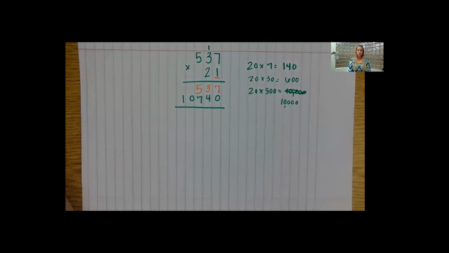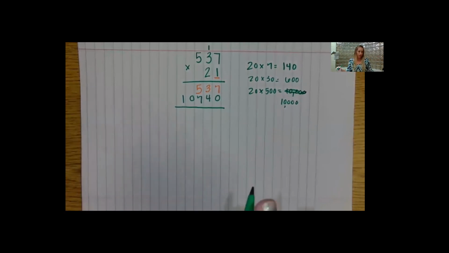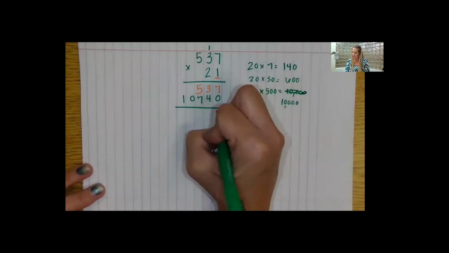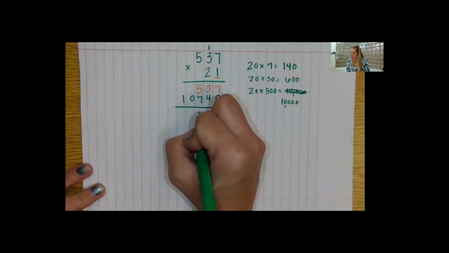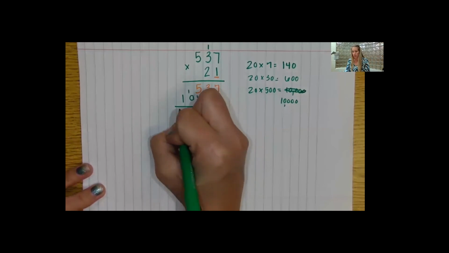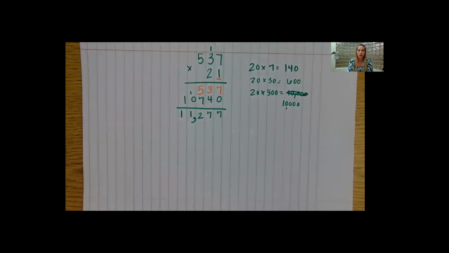And now we have to remember to add our partial products together to get our final product. 0 and 7, 3 and 4, 5 and 7 is 12, regroup a 2, 1, and 1. And that gives me what as my final product? 11,277.